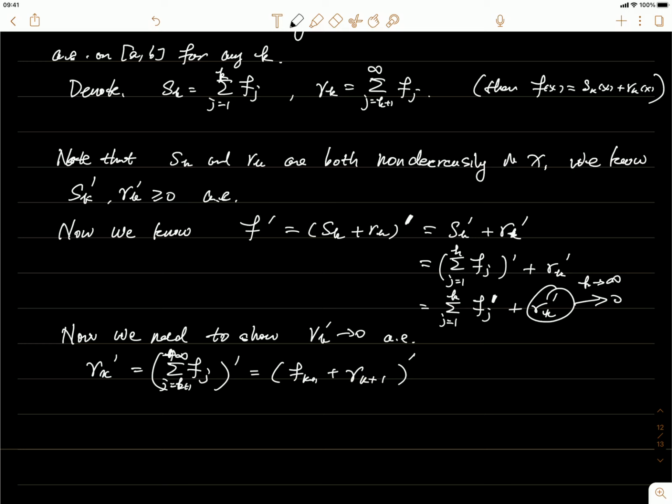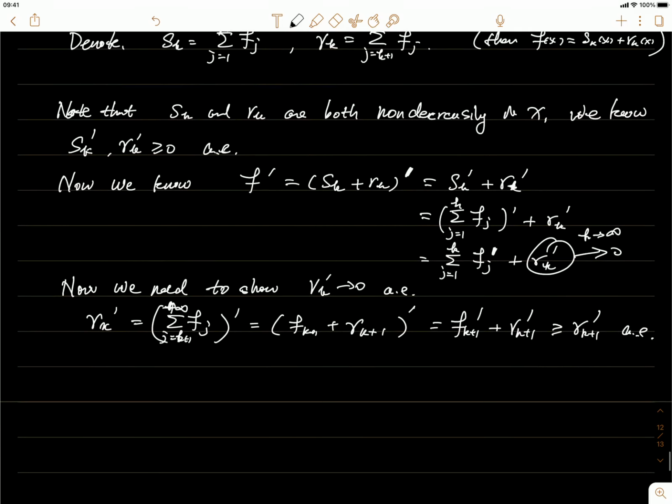Both of these two functions are differentiable almost everywhere since they are non-decreasing in x. So it's just f_{k+1} prime plus r_{k+1} prime. But we know that f prime is greater than or equal to 0 since f is non-decreasing, and we know that r_k prime is greater than or equal to r_{k+1} prime almost everywhere.